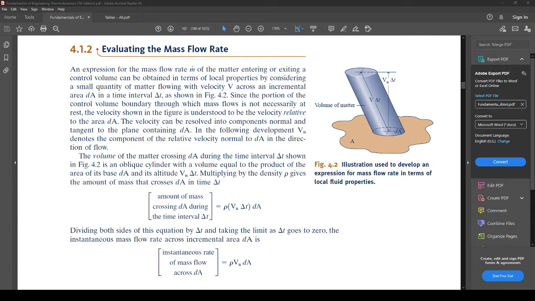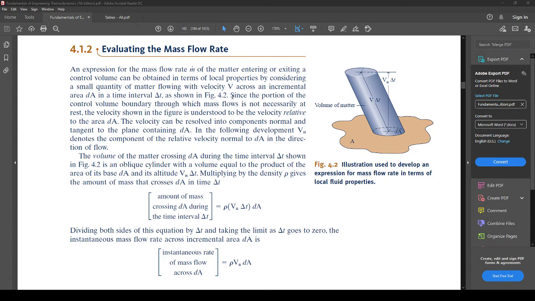Right here, an expression for the mass flow rate m dot of the matter entering or exiting a control volume can be obtained in terms of local properties by considering a small quantity of matter flowing with velocity v across an incremental area dA in a time interval delta t, as shown in this figure. That was just a lot of calculus mumbo jumbo, but it's going to make a little more sense in a second, so just give it a minute.